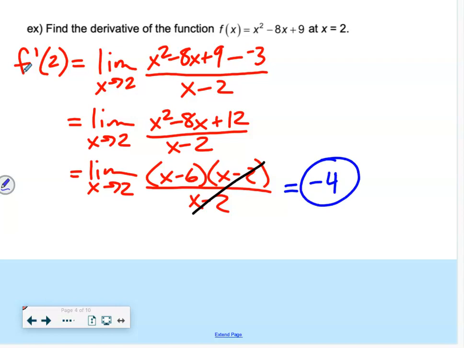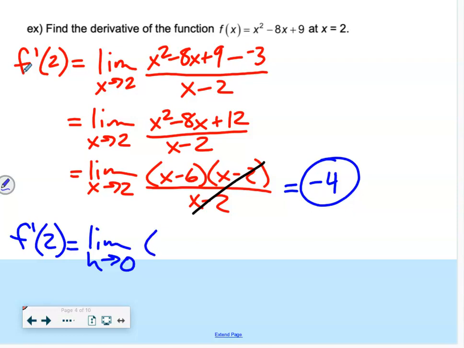How did that sit? Everyone I saw was okay, but I didn't get over to the back. All right. So I was asked to do this using the other definition because you might have to know both on your test. So let's just make sure, right? So if we do the limit as h approaches 0 of f of 2 plus h, you're plugging in 2 plus h for the x in your function.